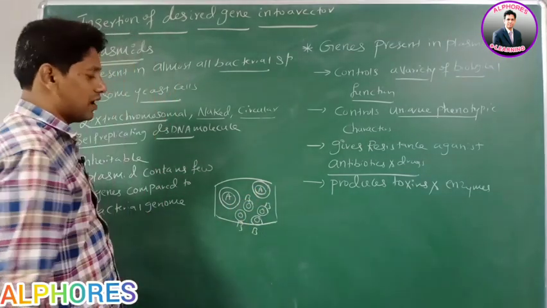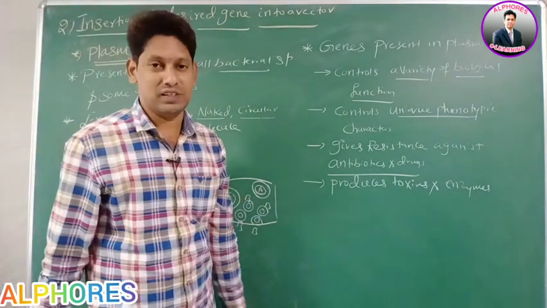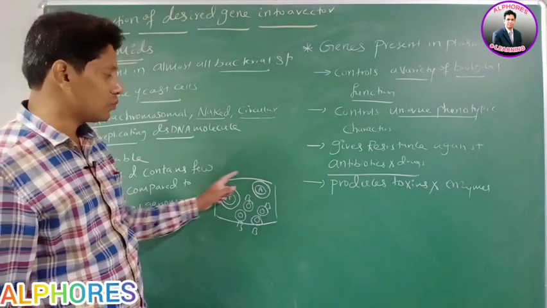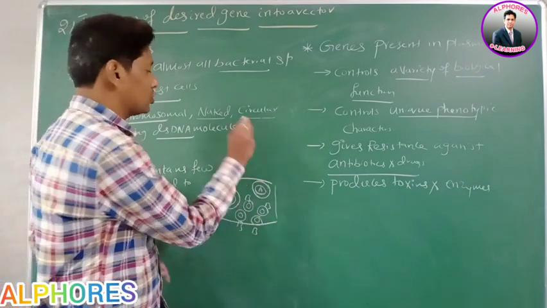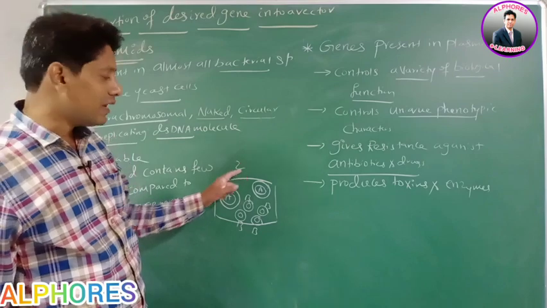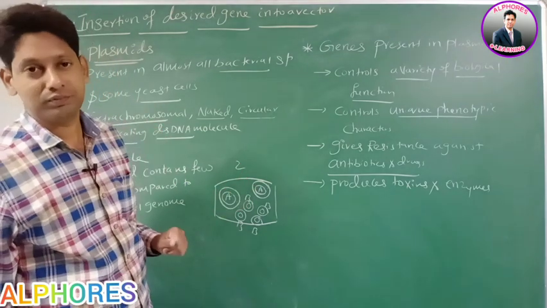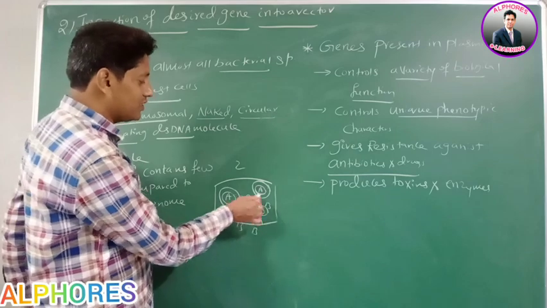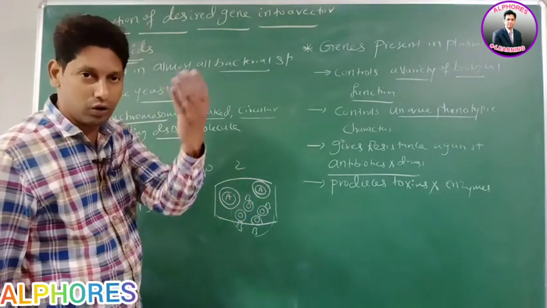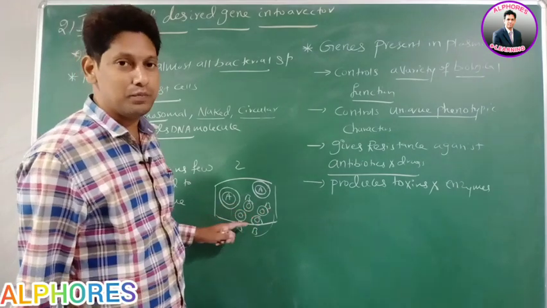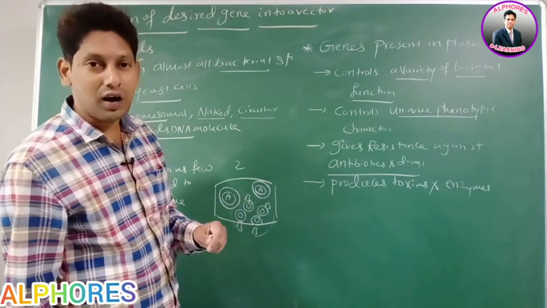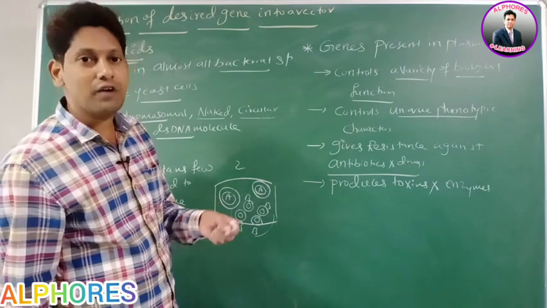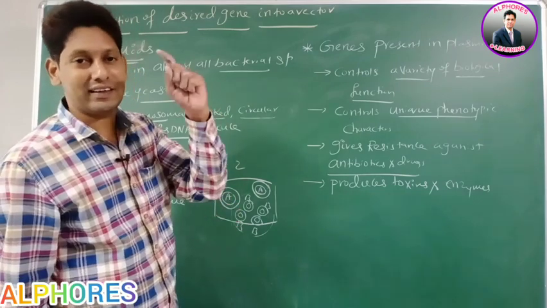First you tell me, how many copies of A plasmid are present in this bacterial cell? 2. So what is the copy number of A plasmid? 2. How many B type of plasmids are present in this bacterial cell? 4. So what is the copy number of B plasmid? 4.